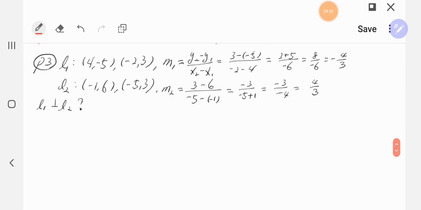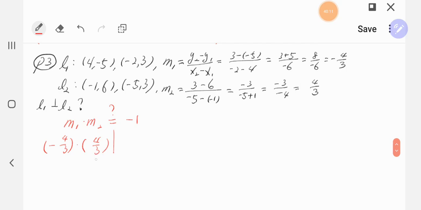So let's check whether M1 times M2 is equal to negative 1. Let's check whether this is correct. M1 is negative 4/3. M2 is 4/3.